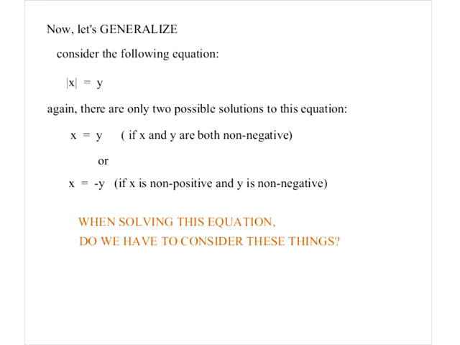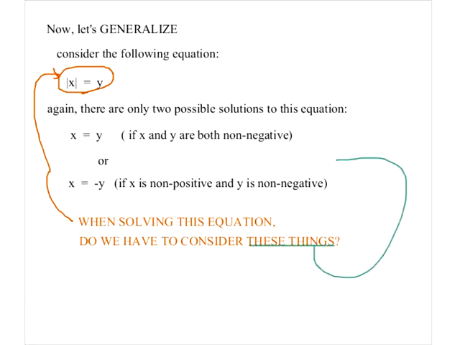If we actually have to solve this equation, in other words, this equation that's right there, do we have to consider things like the sign of each of the numbers? Or is it enough just to set up a couple of algebra equations and go to town?